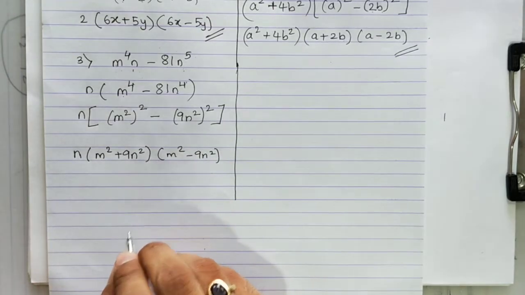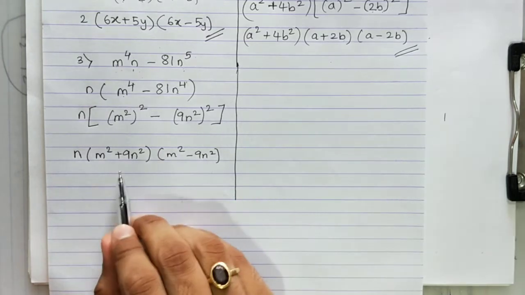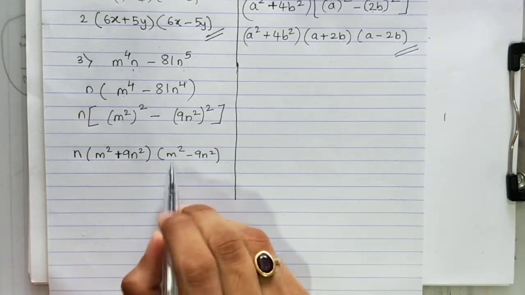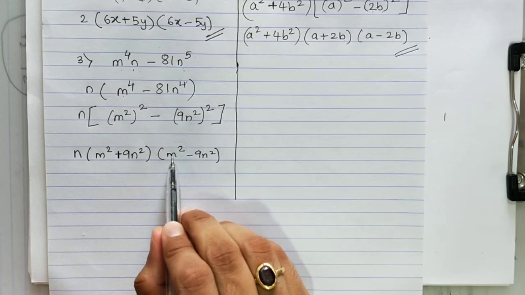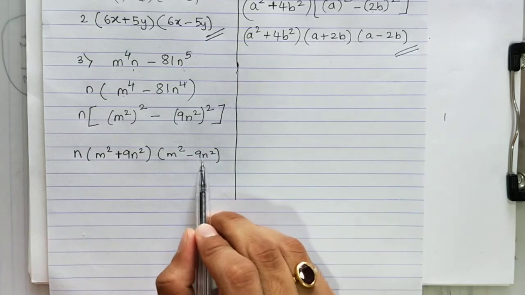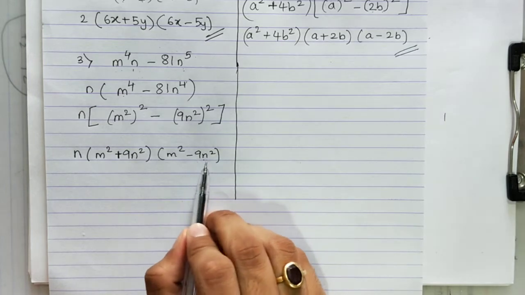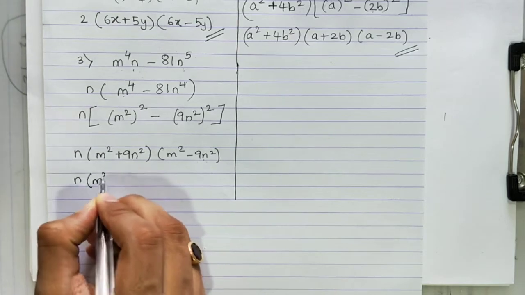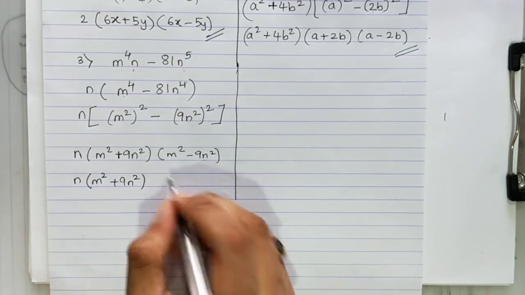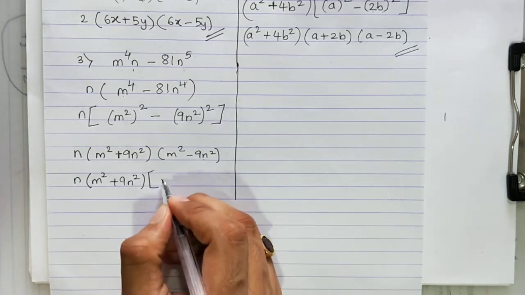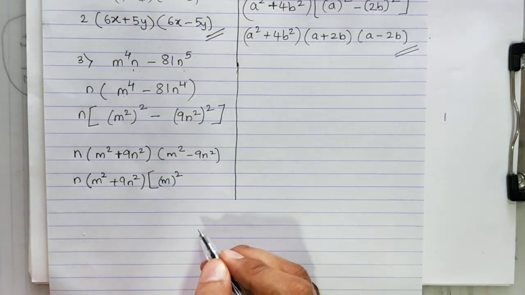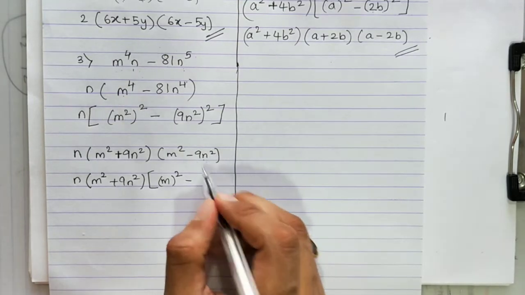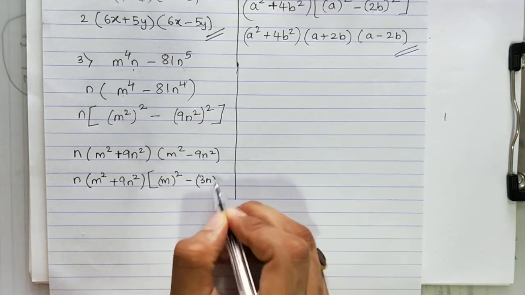Okay. Once I have this, let's check whether we can further solve the sum. So this bracket cannot be solved because there is a plus sign. This bracket, this is a square of m. This is a square of 3n. Correct? So I can solve this further. m square can be written as m the whole square minus 9n square. 9n square is 3n the whole square.